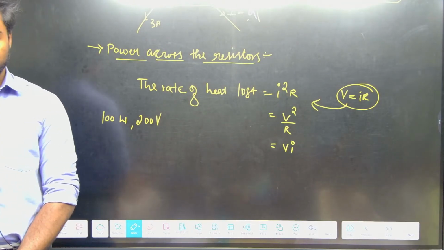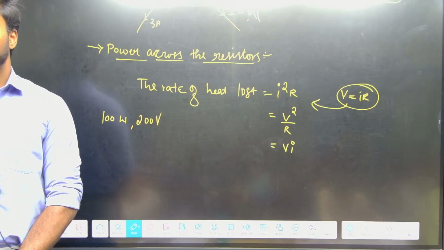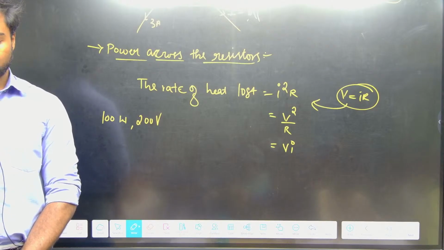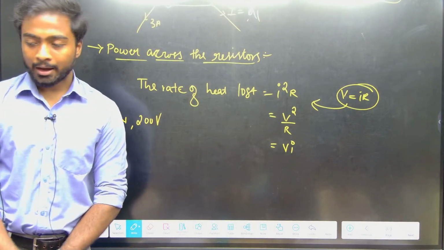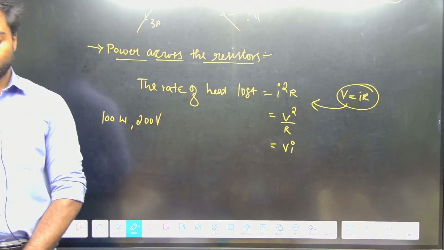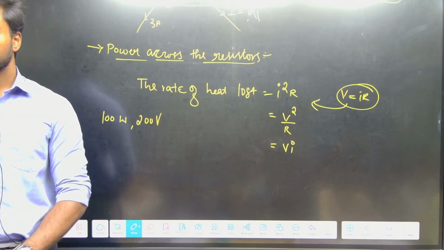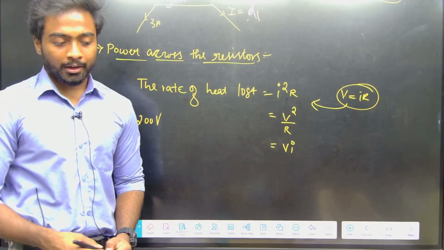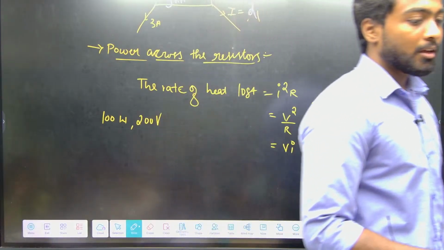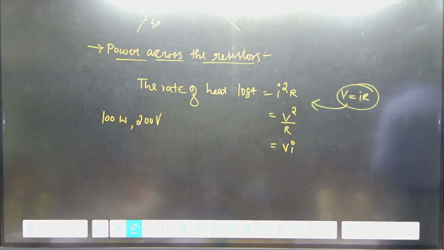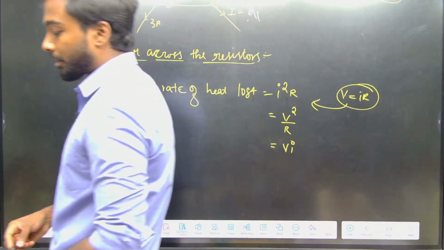the bulb acts as a resistor, and the rate at which energy is dissipated is 100 watt.